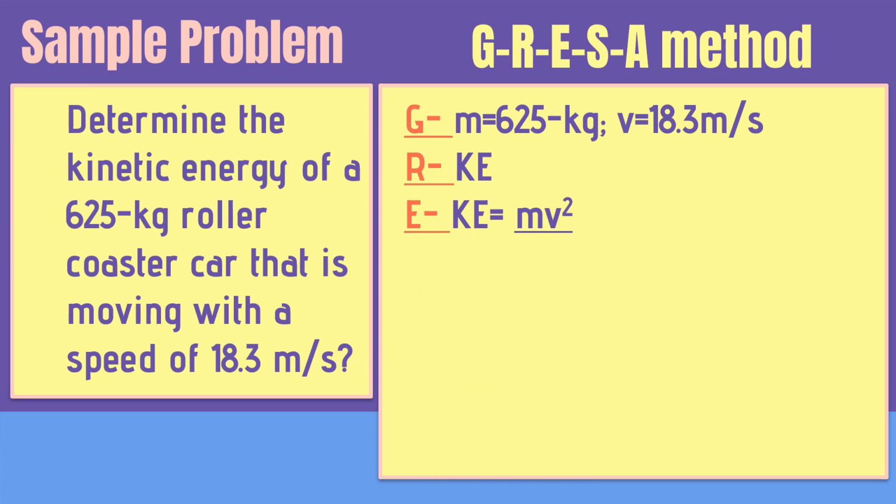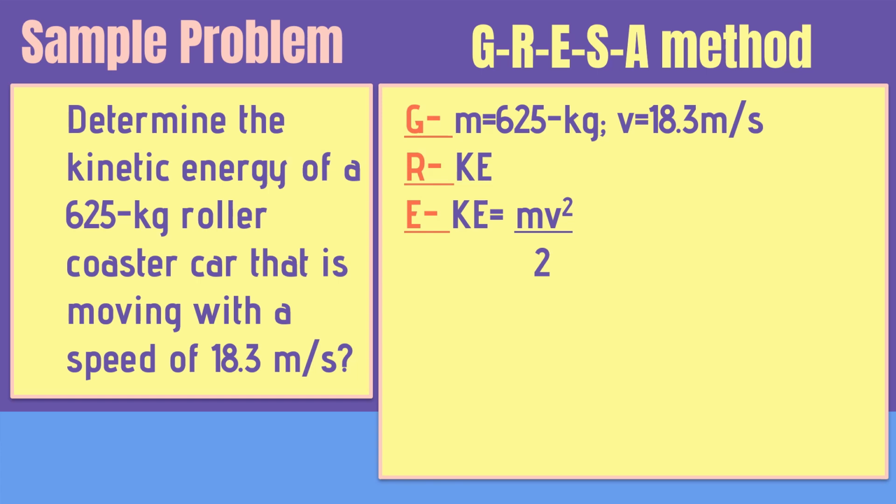The equation again for the kinetic energy is mv squared over 2, which means mass multiplied by velocity squared divided by 2.